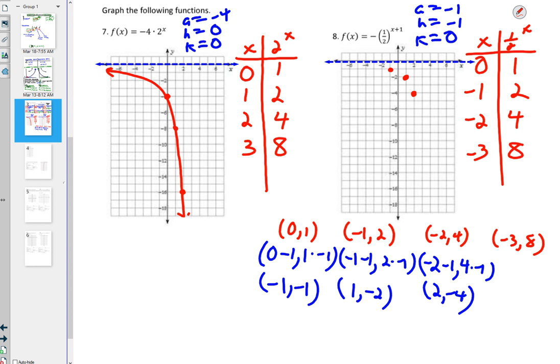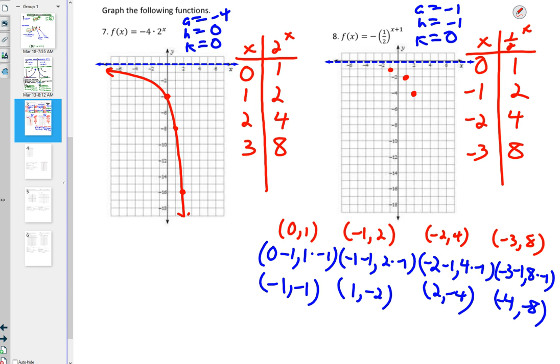Since this one didn't get stretched out like the last one, I can actually fit an extra point here, which gives me some more definition on my graph. The x's, you add H, so -3 minus 1. And then the y is times A, so 8 times -1 gives you -8. So -4, -8.